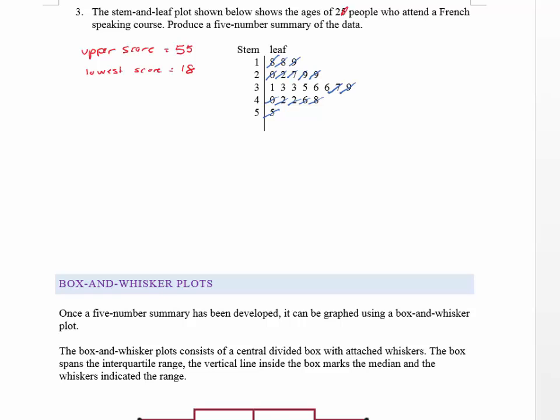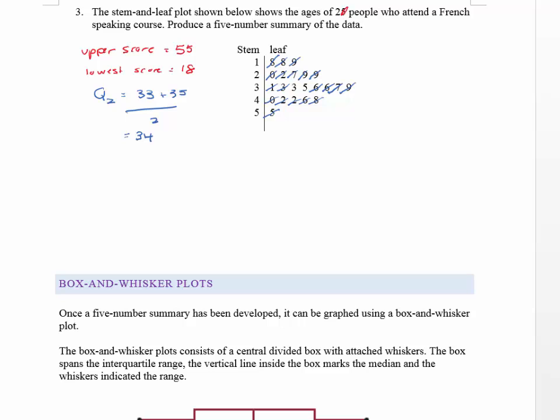And then we've got 9, 9, 10 and 10. So you can see that we have two middles here. So my Q2 is going to be made up of 33 and 35 divided by 2. So 33 and 35 divided by 2 is 34. Okay, so there is my Q2.